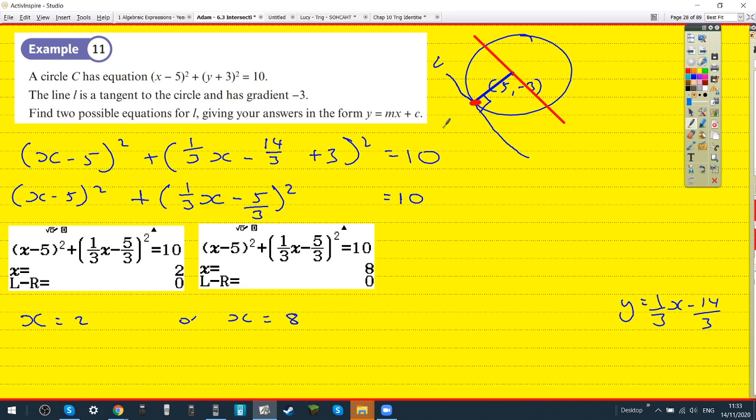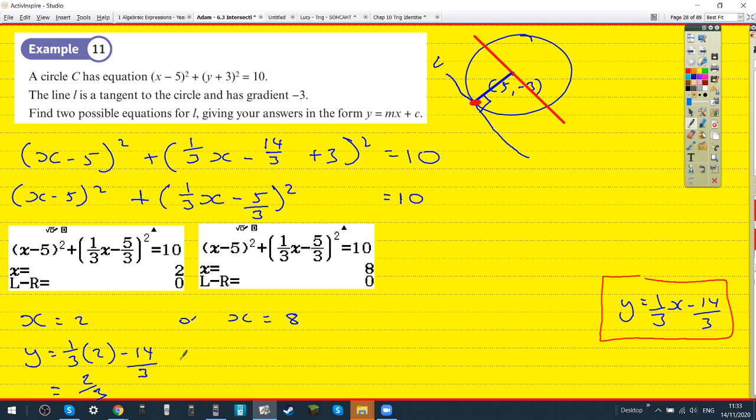Yep. So would it be y equals, for the first one, 2m plus c? We can sub the 2 into our equation. Y equals 1 over 3 brackets 2 minus 14 over 3. Which gives you 2 over 3.